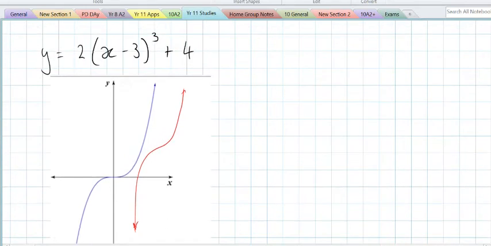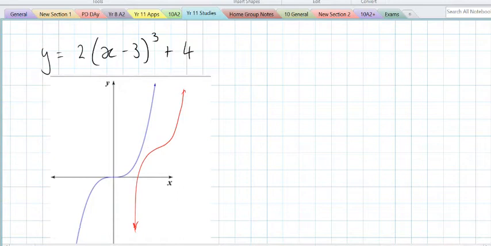Alright, so if you were asked to graph this function, or make a sketch of it without using your calculator, you start from the basic, that is y equals x cubed. The point of inflection is transformed across 3 up 4, and because of the 2 out the front, it's steeper.